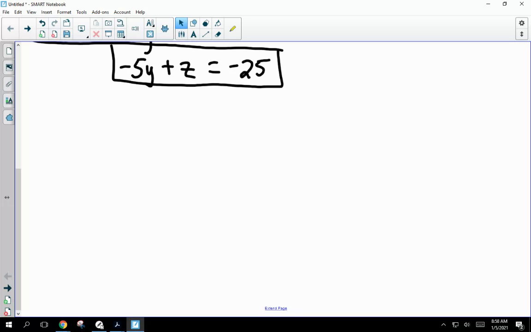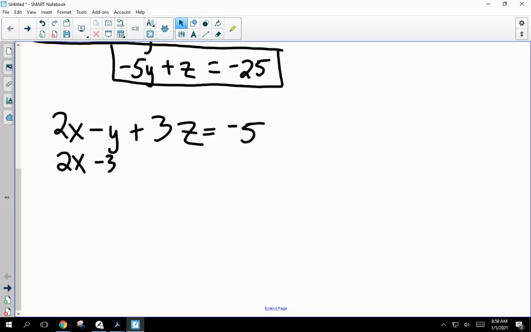The next two equations are, and I'm going to show you slowly how to do this again, you have 2x minus y plus 3z equals -5. And you have 2x minus 3y minus 5z equals 27.